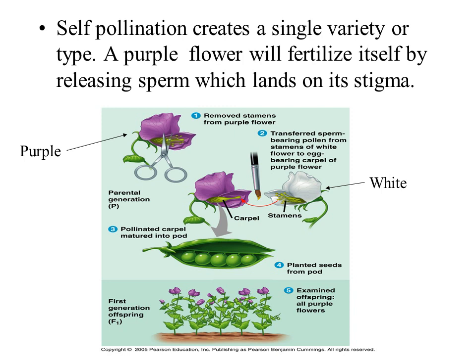Self-pollination creates a single variety or a single type. The type can be a purple flowered plant or a white flowered plant. So a purple flowered plant will fertilize itself by releasing sperm. The sperm will then land on its own stigma.